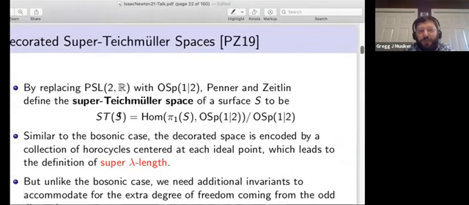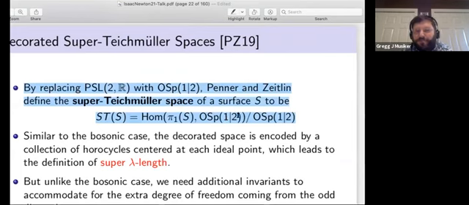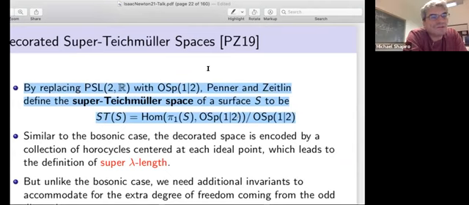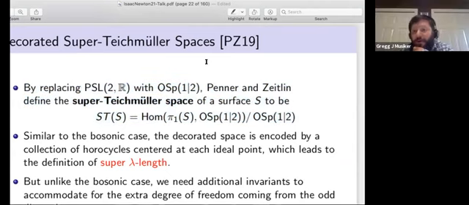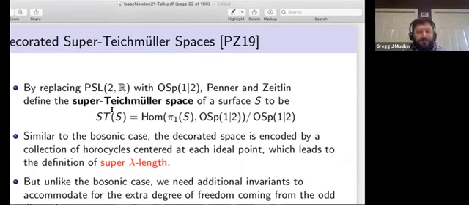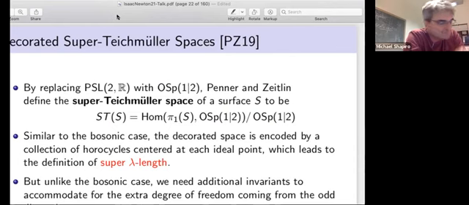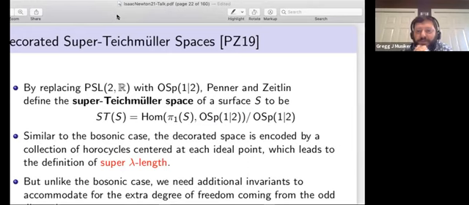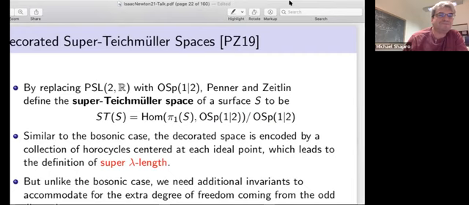Yeah, so it should be implicitly in what's done in Penner-Zeitlin using this OSP 1|2. But we don't use it explicitly. What replaced the Goldman bracket? So you're asking for the analog of the Poisson bracket? Yeah, correct. This is something we haven't thought of at all. I'm not sure. Okay, thanks.